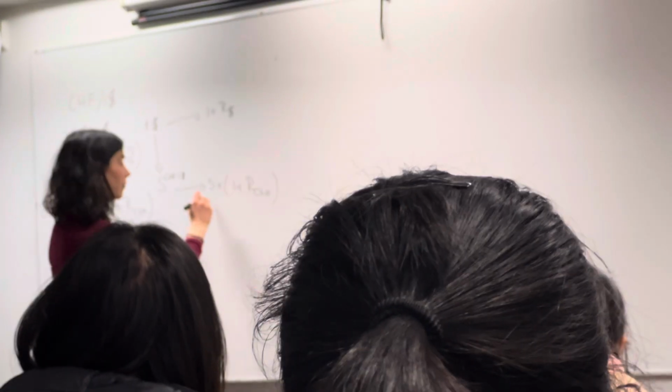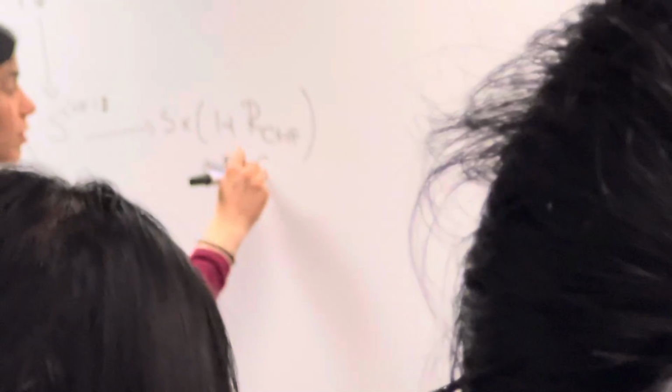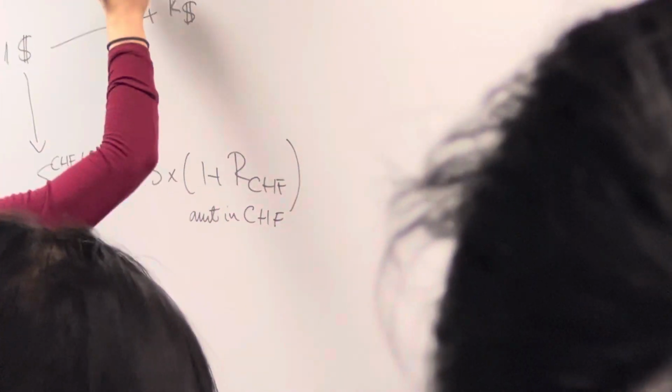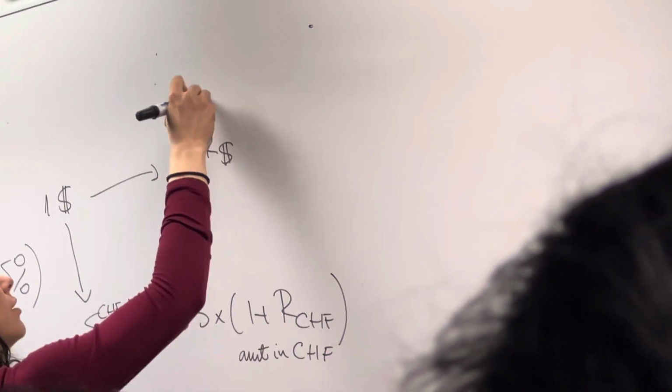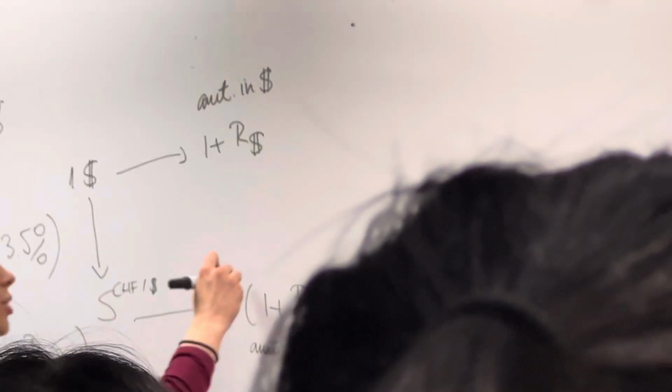Now this is an amount in what currency? Swiss francs. And the other is an amount in dollars. So they're not really comparable, and we need to bring them to dollars to be able to compare them. So what do we do?